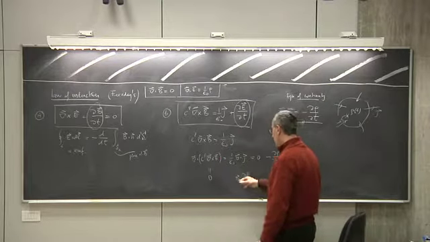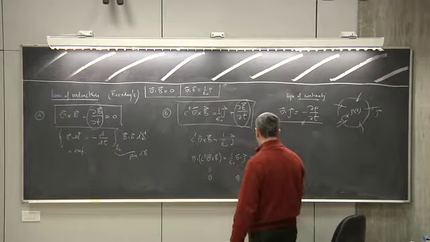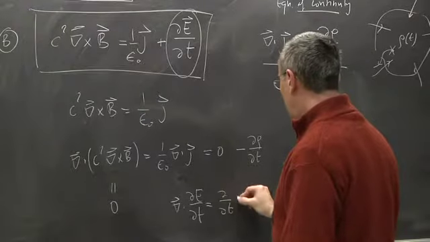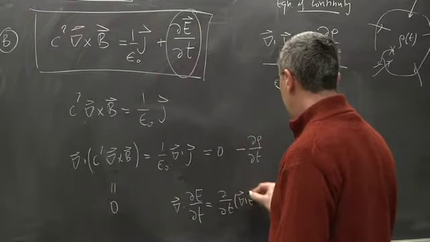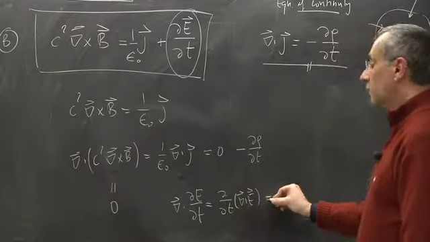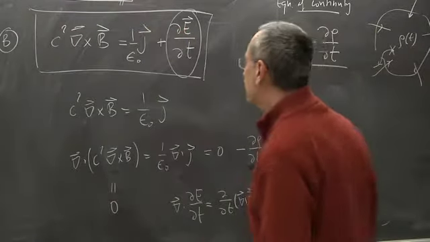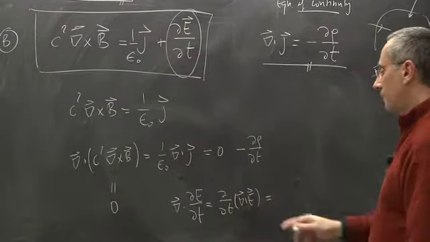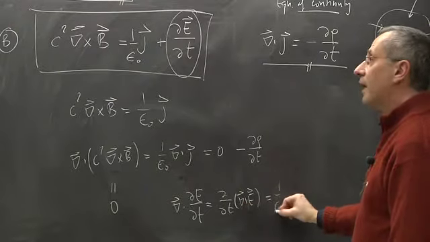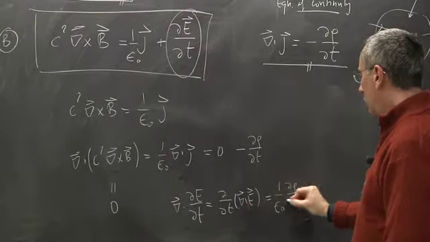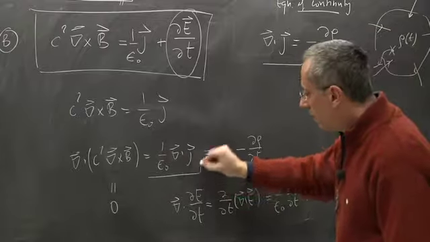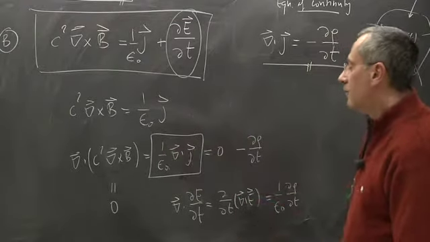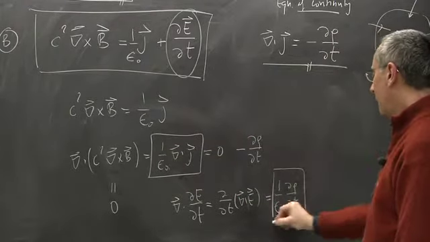So as usual, we can switch those around, assuming that everything is okay. And of course, the divergence of E is this thing here, right? So you get 1 over epsilon d rho dt. So now 1 over epsilon naught d divergence of J is equal to 1 over epsilon.